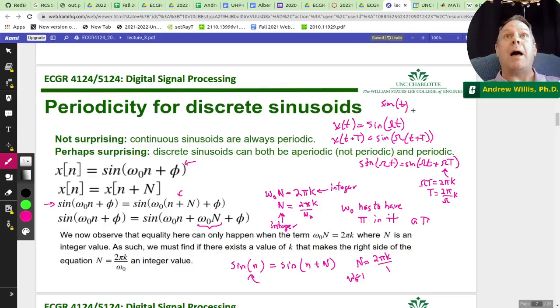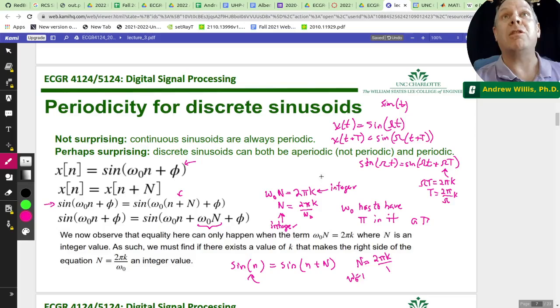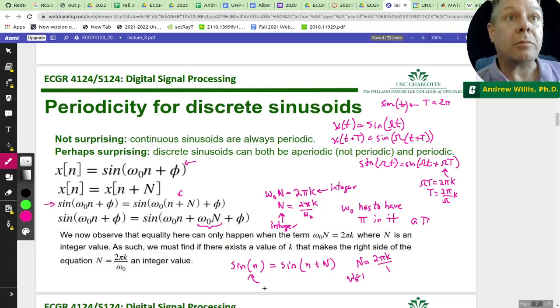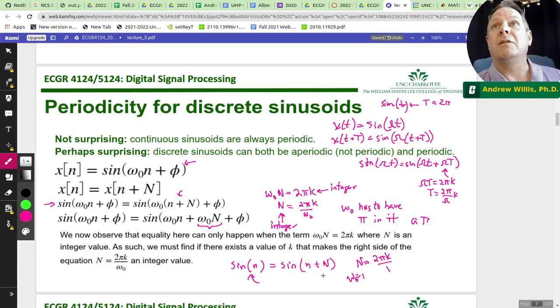Its period is 2 pi. But of course 2 pi is an irrational number. So sine of n never repeats. We're only evaluating it at integer locations. That's a surprise.